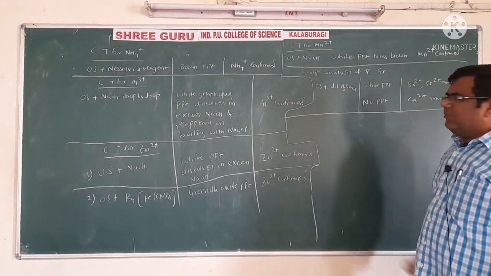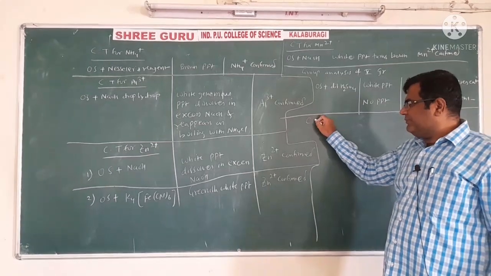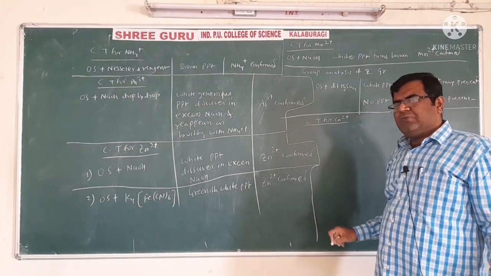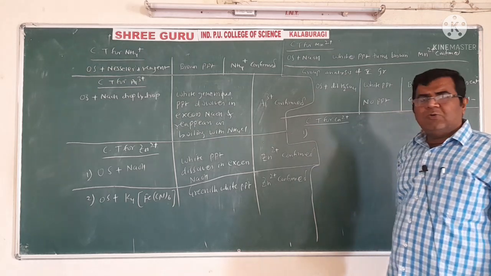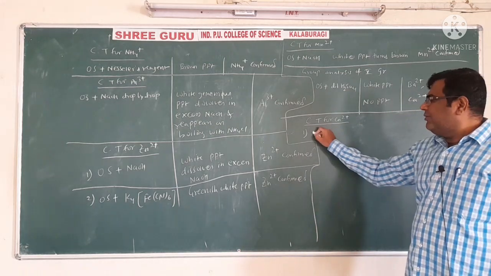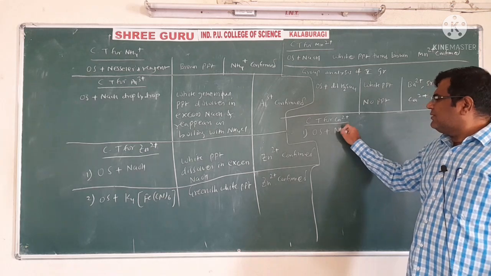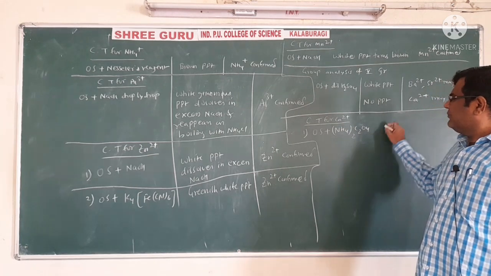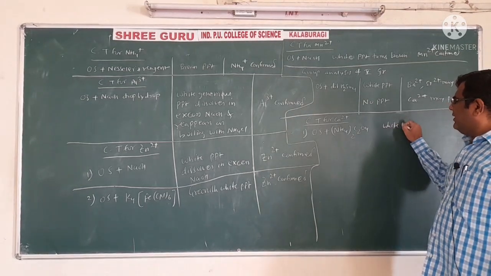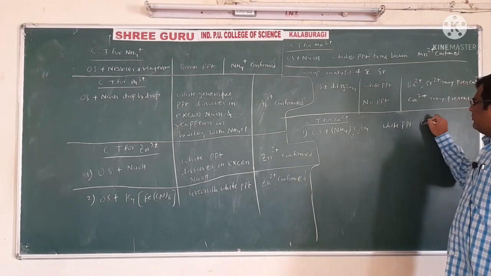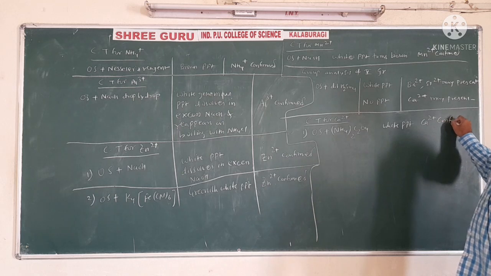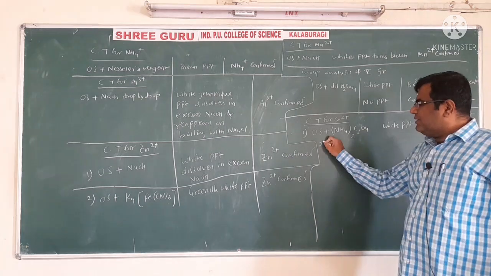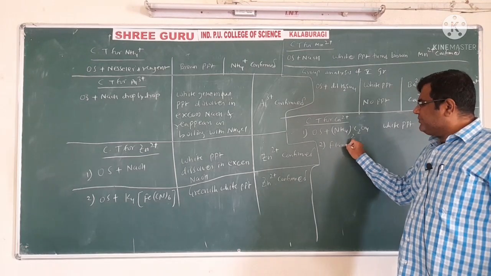So now we have to take the CT for calcium, CT for Ca plus 2. There are two confirmatory tests here. OS plus ammonium oxalate will give a white precipitate, and we say that calcium is confirmed. Or another one is called the flame test.